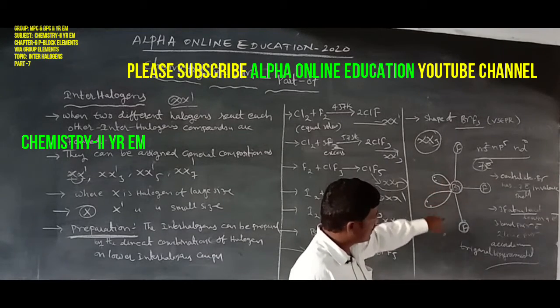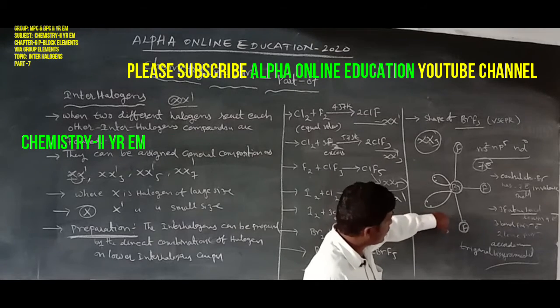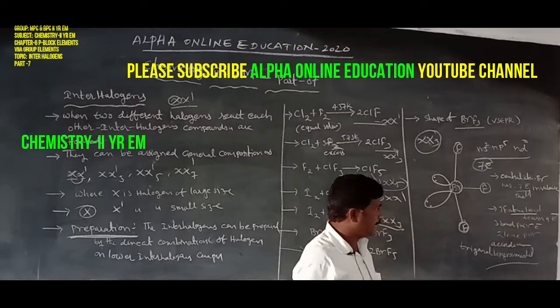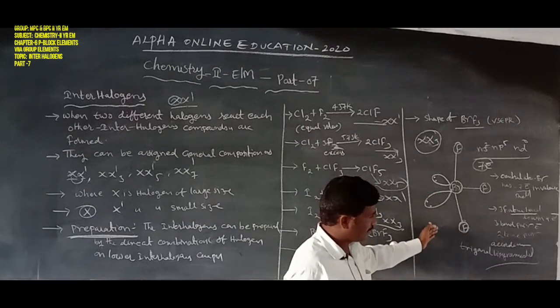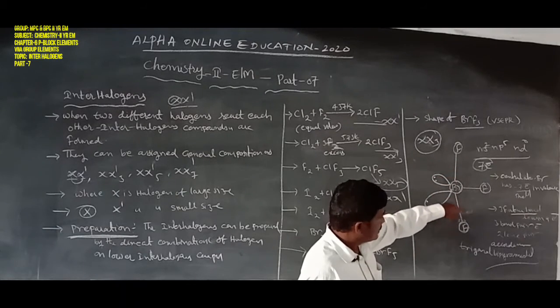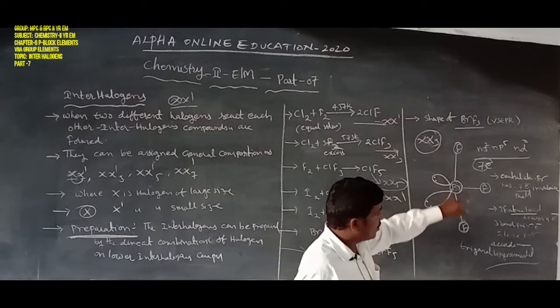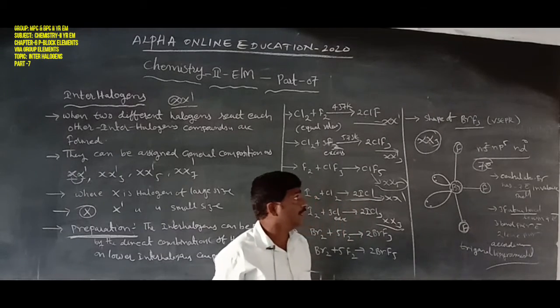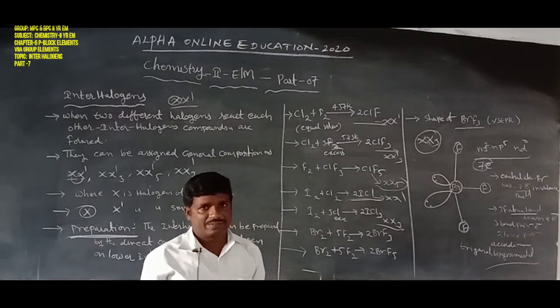In the BrF3 structure, 3 are bond pair electrons and 2 are lone pair electrons. According to this, BrF3 has a trigonal bipyramidal structure.